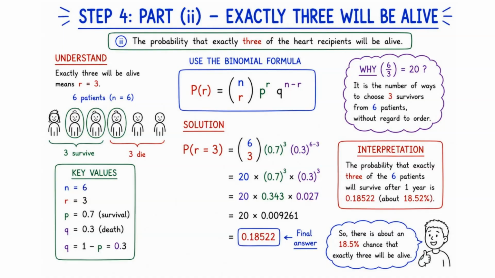After multiplying their probabilities, our answer becomes 0.18522, or approximately 18.5%. So there is about an 18% chance that exactly 3 patients survive.